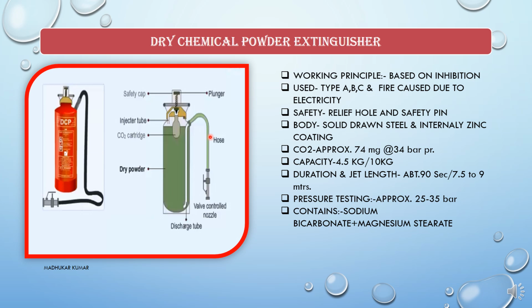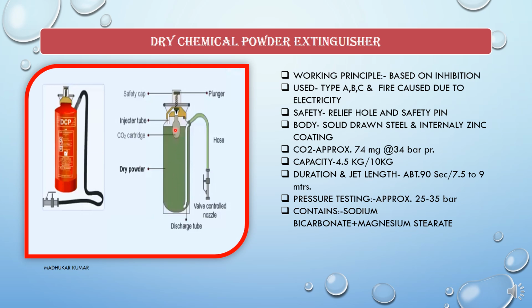And when we have to use this one, open the safety cap, puncture this CO2 cartridge. CO2 will be going through the injector tube, and this injector tube has a nozzle type of arrangement, which is basically providing the CO2 and going down, and this is the round shape. Through that it is coming and completely agitating the DCP powder.